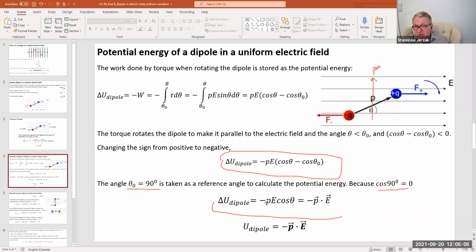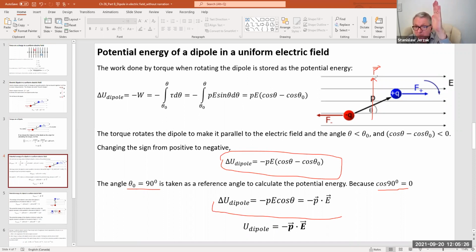Remember, that would be the change of potential energy of the dipole relative to the orientation when the dipole was initially perpendicular to the electric field. So that perpendicular orientation of the dipole will be our reference energy.